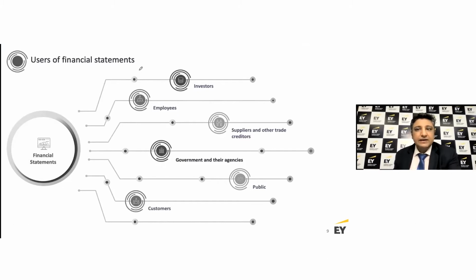They look at their areas of interest, right? So somewhere the framework helps them read and interpret in the right context in terms of what these financial statements are trying to do or trying to say.